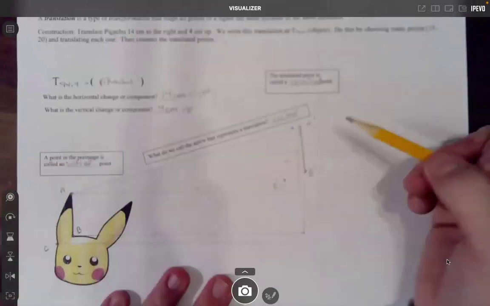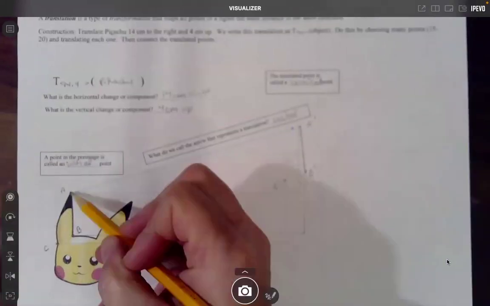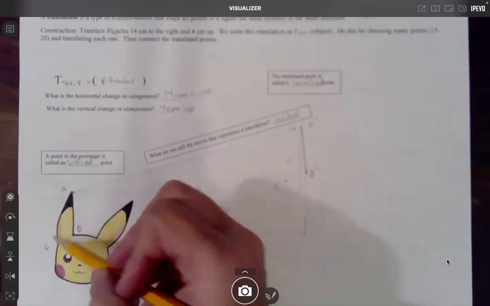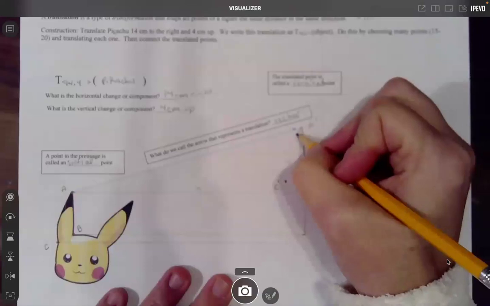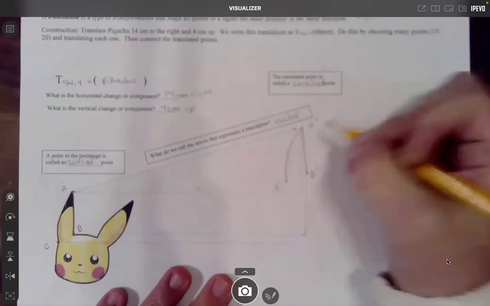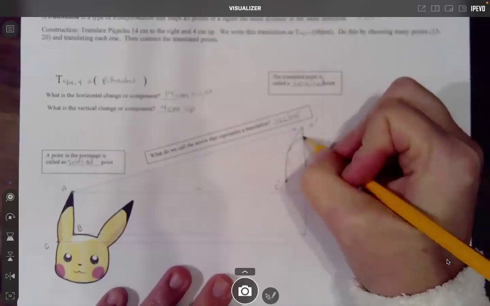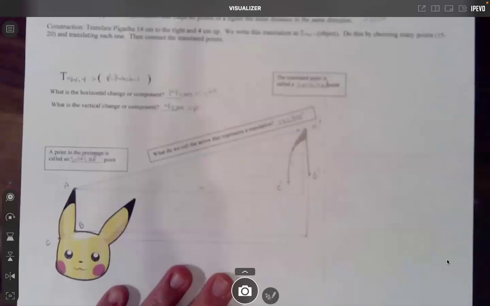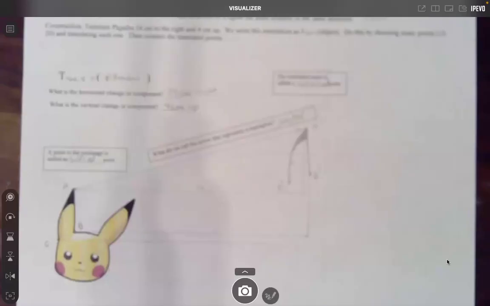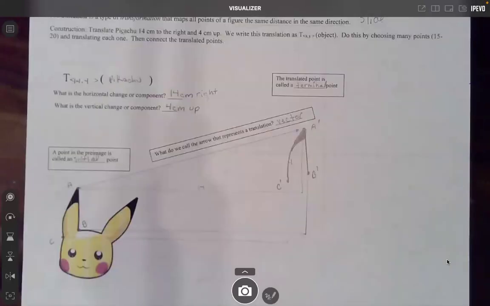And I notice that A and C are not really joined by a straight line, but kind of a curve. So I'm going to do the same thing here, letting my points be the guide. And if you want, you can shade in the dark part. You can color Pikachu yellow. There we go. And you continue and do the same thing.